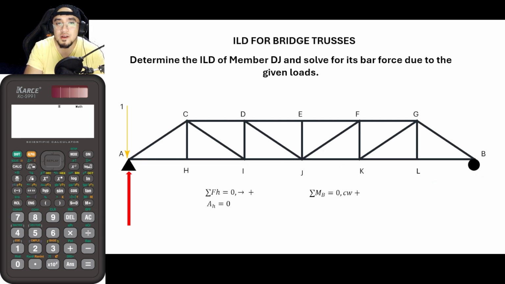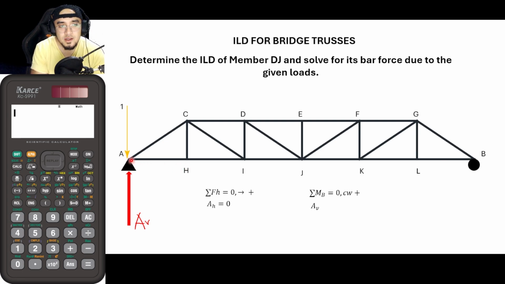And in order for us to get the value of AV, let us get the moment about this point. So moment at B is equal to 0, clockwise positive. So that is now AV. So let us name this as value AV. So that is now AV times lever arm. So for the lever arm, that is the distance from this point up until this point. Okay.